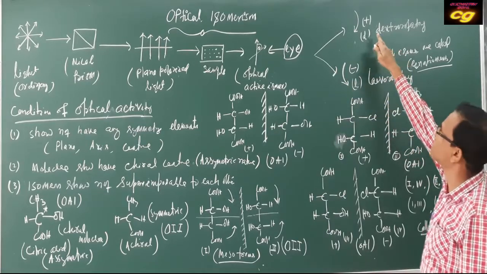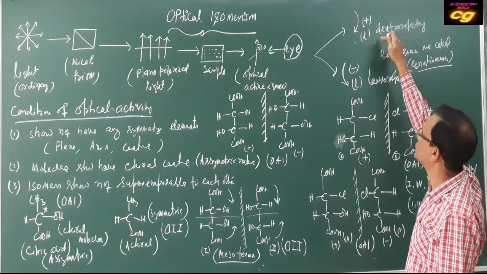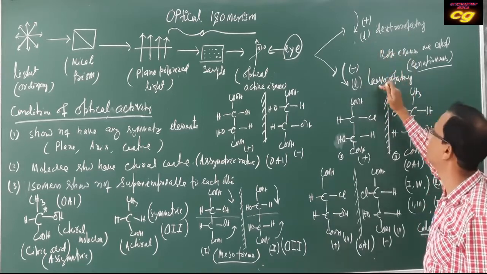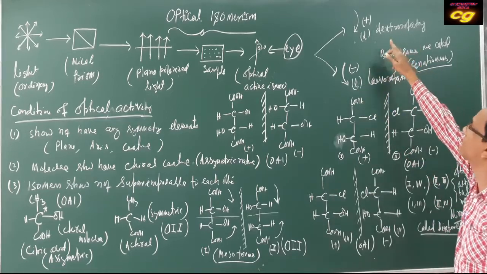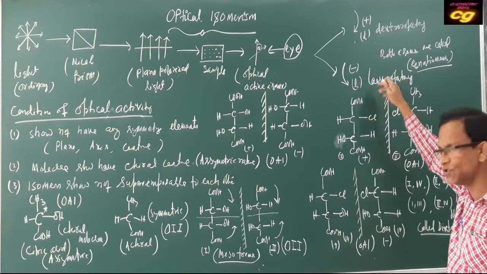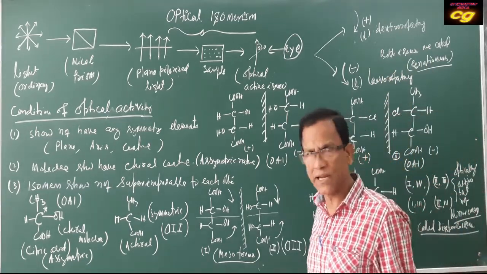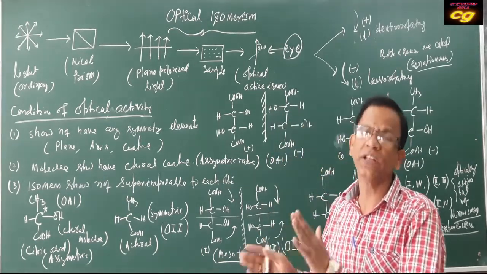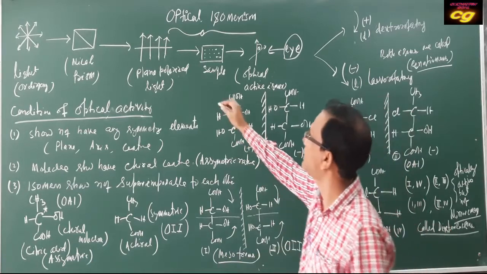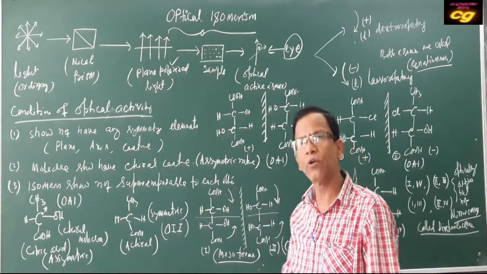Dextrorotatory is called plus, levorotatory is minus, and dextro is also called small d, levo also called small l. These two isomers are just opposite in rotation, but the formula is the same, differing only in rotation of plain polarized light, either clockwise or anti-clockwise.